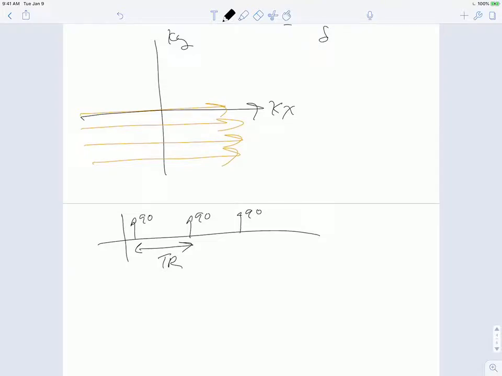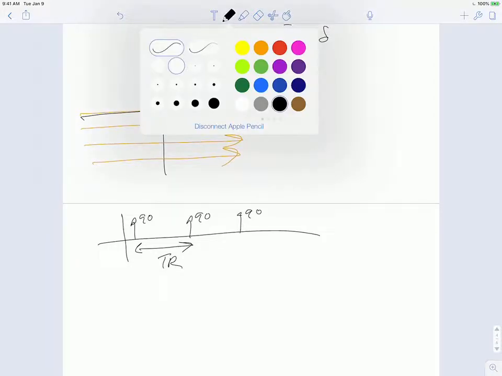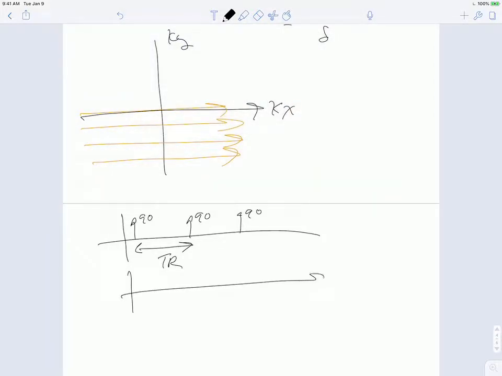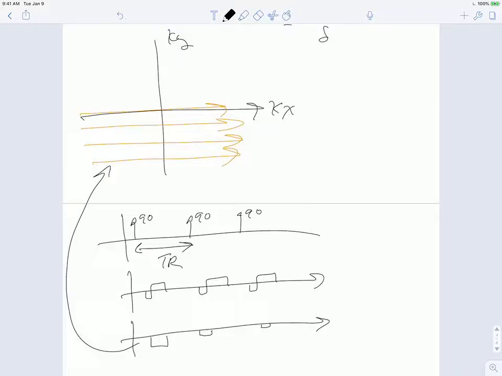After each one of these, we apply the gradients. We apply readout gradients that are the same each time, and then we also apply phase-encoding gradients that vary on each shot. Each of these corresponds to one of these lines.